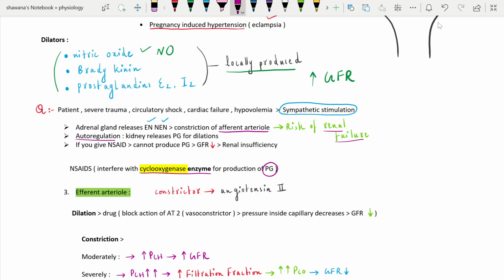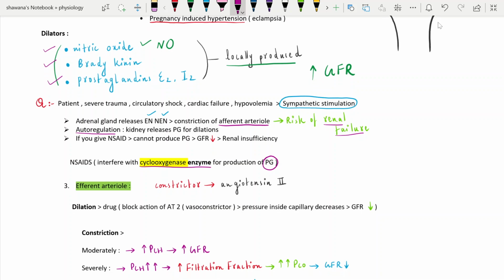They interfere with the cyclooxygenase enzyme, and they will inhibit the production of prostaglandins. In these circumstances, you need to avoid giving such patients NSAIDs. Nitric oxide, bradykinin, and prostaglandins E2 and I2 are locally produced important dilators.